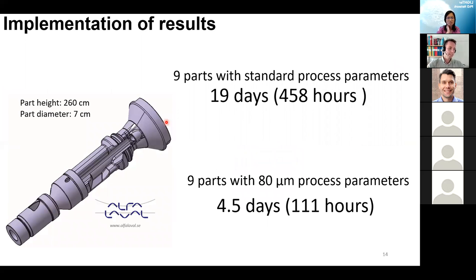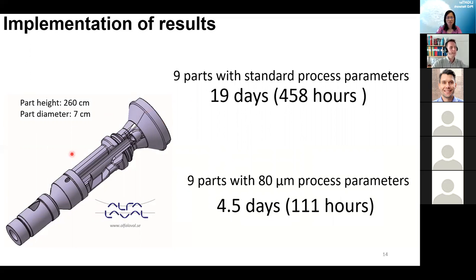We have done a case study together with Alfa Laval, where we produced this flow connector. The reason is that this flow connector is cast today, but the casting process is quite difficult. There is only one casting company that can produce this today, and Alfa Laval would like to see if this component could be 3D printed instead.